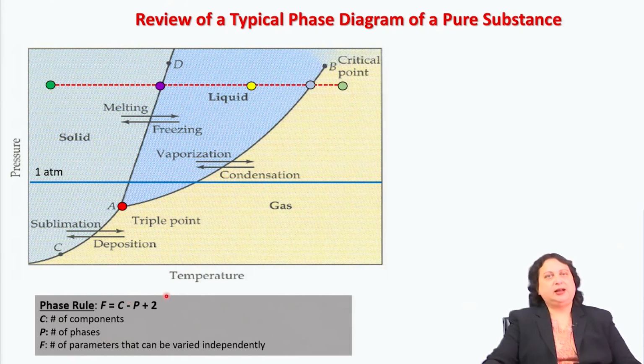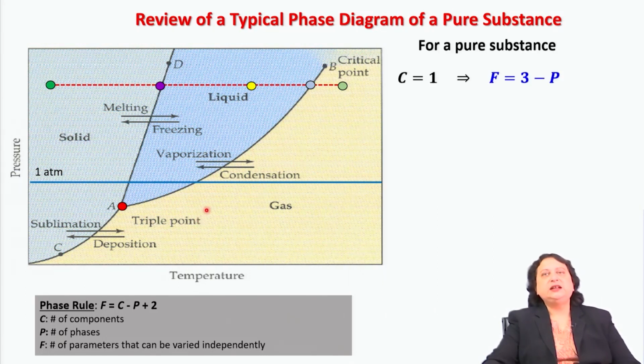So, quickly let us look back and see what happens in a typical phase diagram of a pure substance. I have chosen certain state points to highlight here, but simply because it is a one component system, for a pure substance I must have C equal to 1.